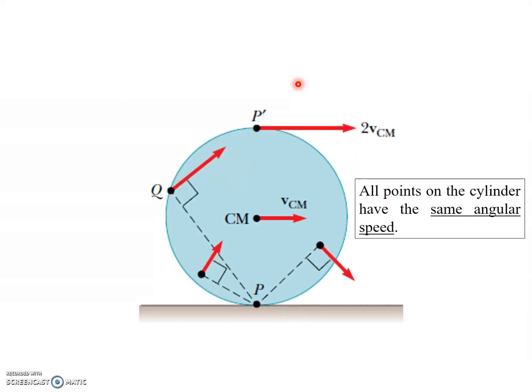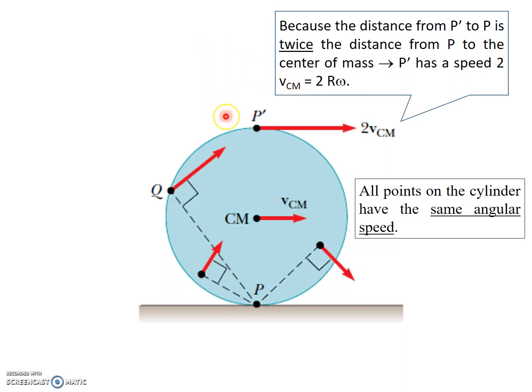All points on the cylinder have the same angular speed. But the distance from P prime to P is twice the distance from P to the center of mass. So P prime has a speed of 2 Vcm, equals 2r omega.